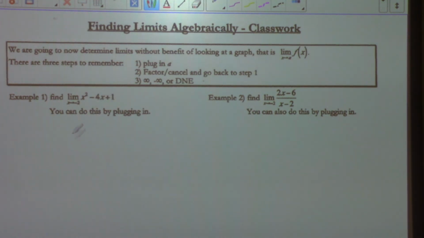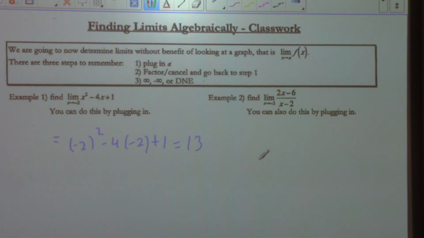So the limit equals negative 2 squared minus 4 times negative 2 plus 1. So what's that going to be? 4 plus 8 plus 1. What is that going to be? Okay, 13. Yeah, I think it is 13. That's right.